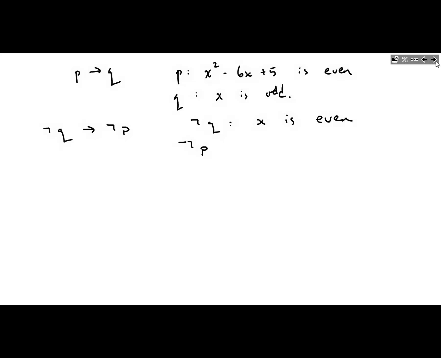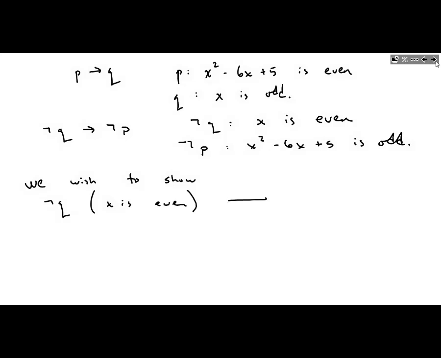And not P would be x squared minus 6x plus 5 is odd. So instead we wish to show not Q, x is even, implies not P, x squared minus 6x plus 5 is odd.